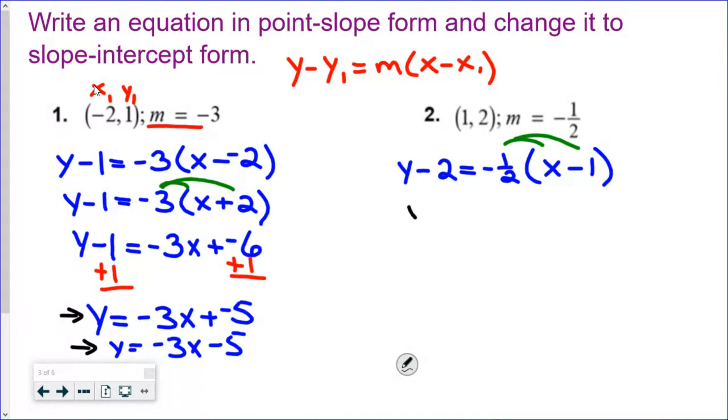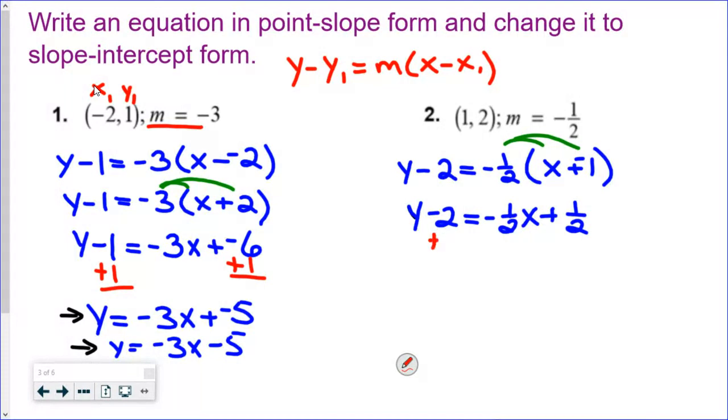So we still have y minus 2 here. Negative 1/2 times x is negative 1/2 x. Now, do you see this as a negative 1/2 times a negative 1? Anything times 1 is itself, and it's a positive 1/2 because it's a negative times a negative. Now, it looks weird, but that's okay.